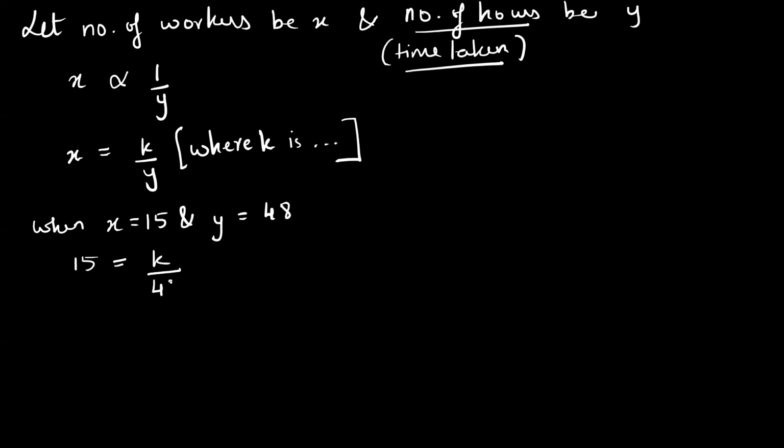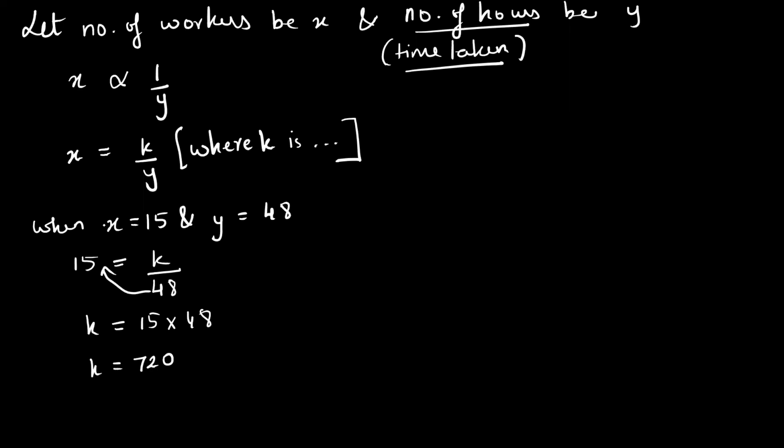Therefore, K is equal to 15 into 48. 48 will go there and multiply. 15 into 48 is 720. So K is equal to 720, which is the constant.